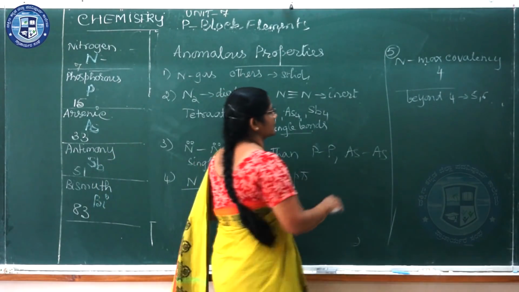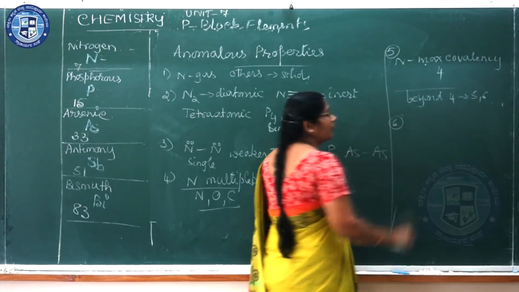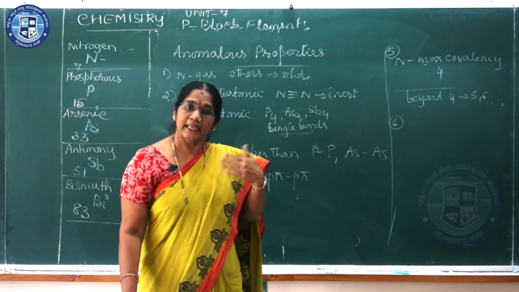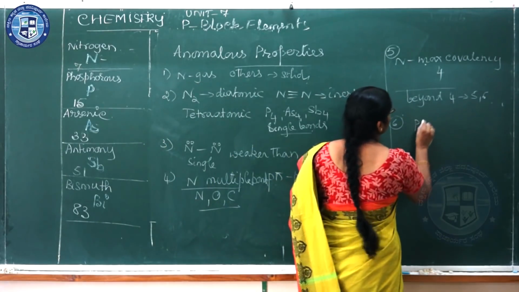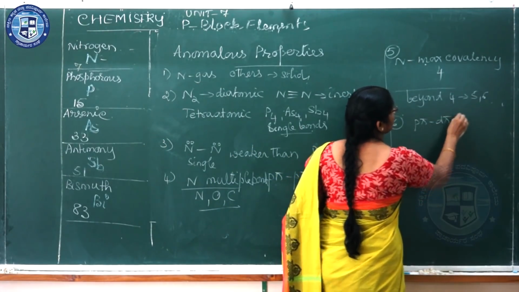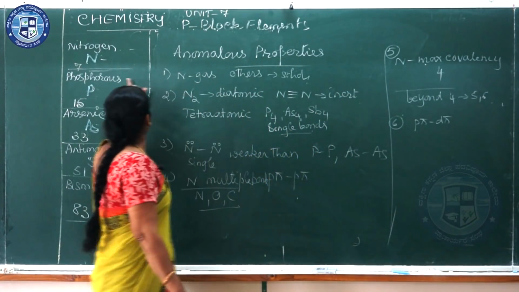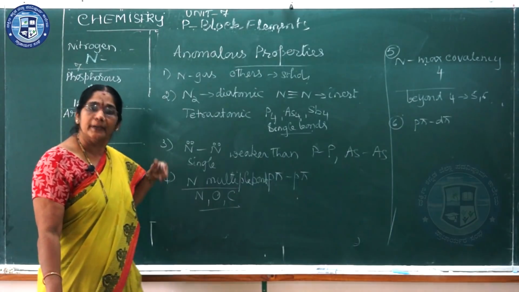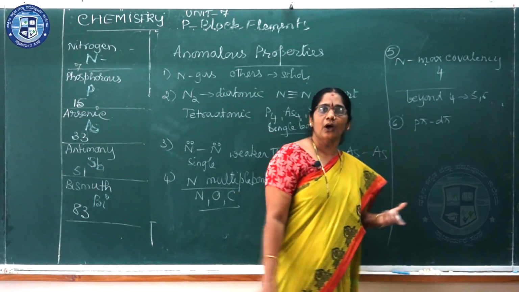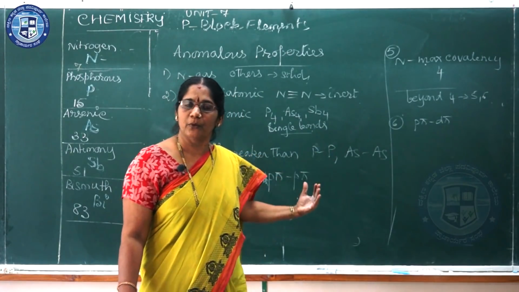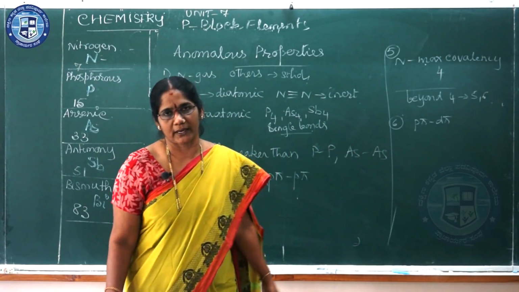absence of d orbitals. And then because of the absence of d orbitals, nitrogen cannot form p-pi d-pi overlapping, whereas other elements due to the presence of d orbitals can be involved in bonding involving d-pi, multiple bonds with the d-pi overlapping.